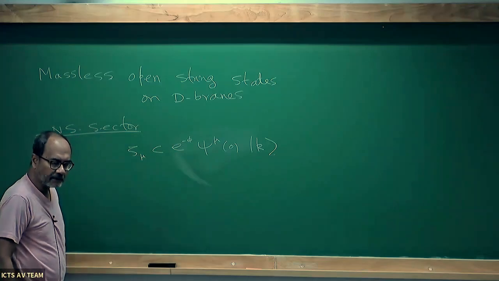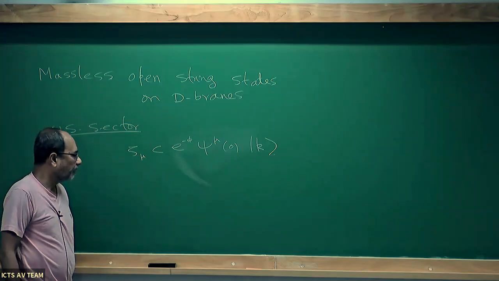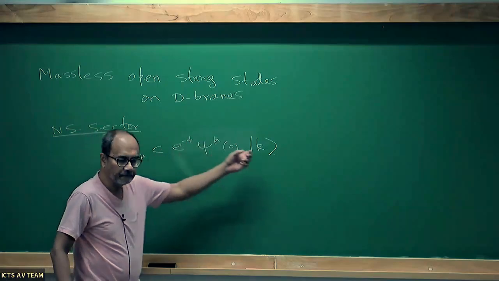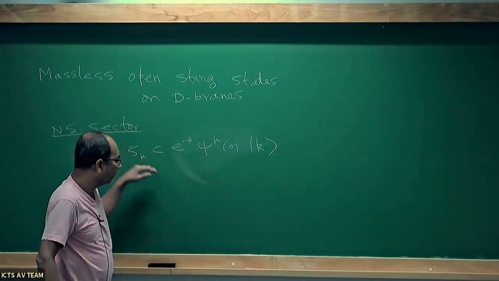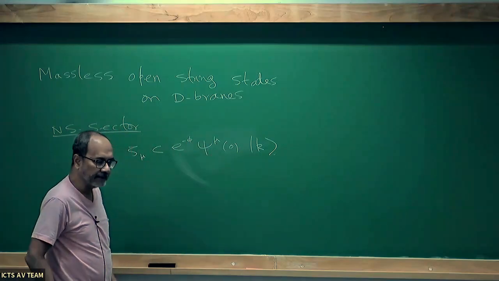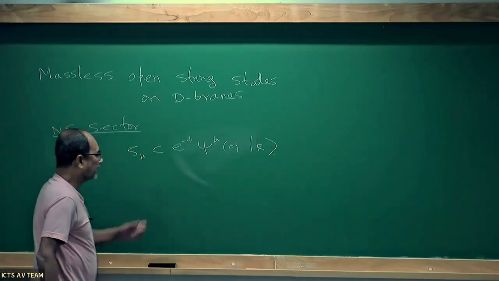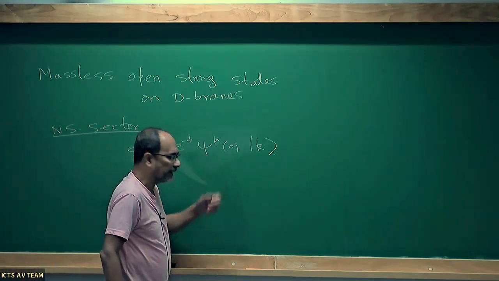Okay, this is the way we constructed massless states for closed string, except that there we are doubled, both on the left and right. Here you have only one sector because C tilde is related to C, and similarly phi tilde is related to phi, psi tilde is related to psi.